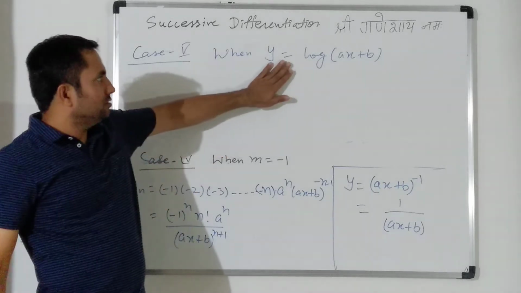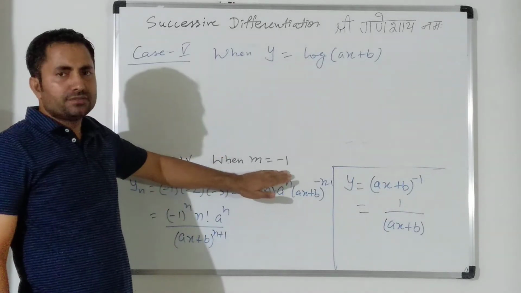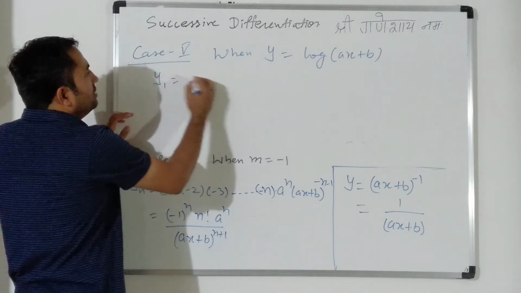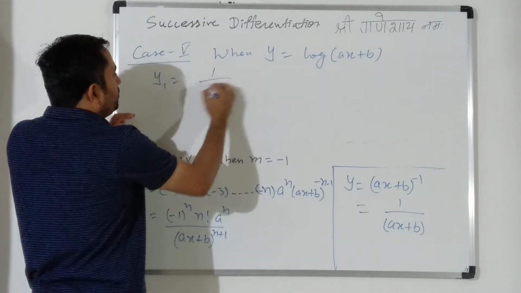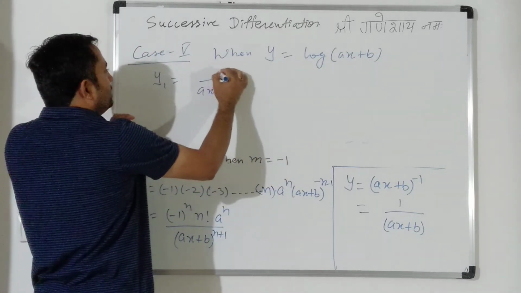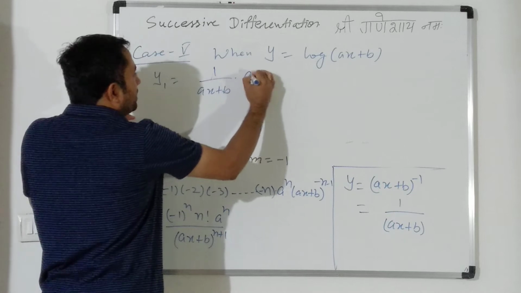This is the next in the sequence. What we get here: first we have y1. y1 will be 1 upon ax plus b, and this a will come out here. So I write a here.